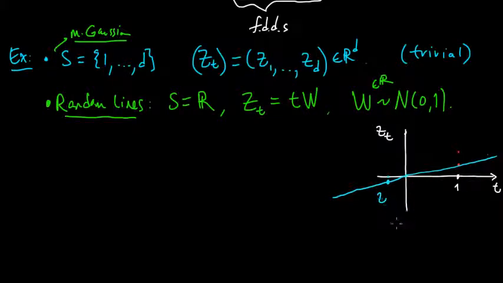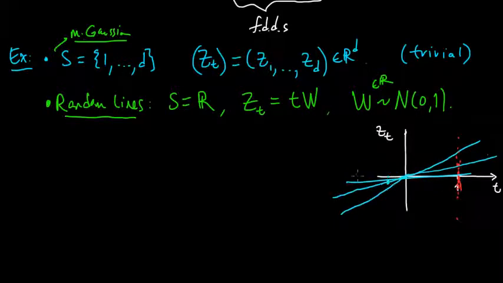Okay, so now if we were to draw a bunch of other values of W, so maybe we got that one, then we would get the line that goes through 0 and that point. And maybe if we had a whole bunch of others, they're going to be normally distributed, because W is a standard normal, so they're going to look something like this. And so we're going to get all these lines.